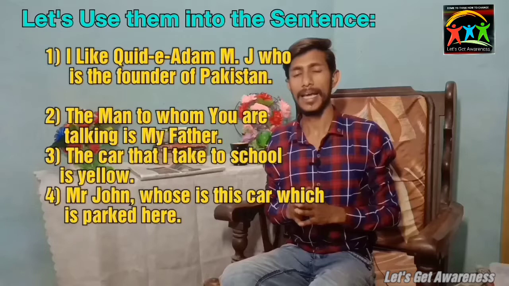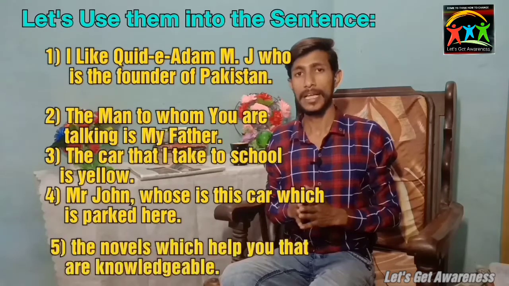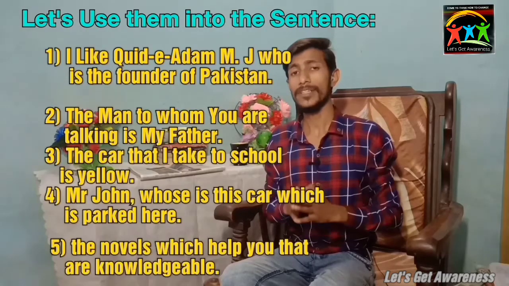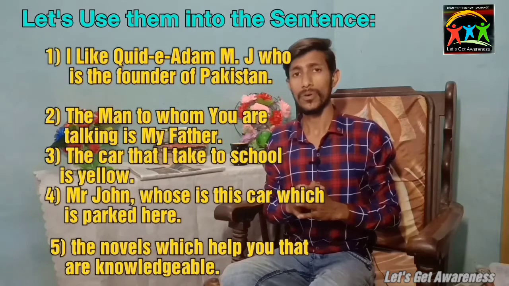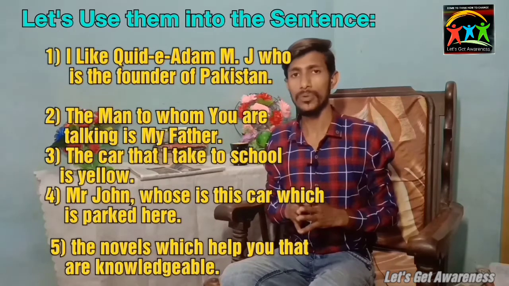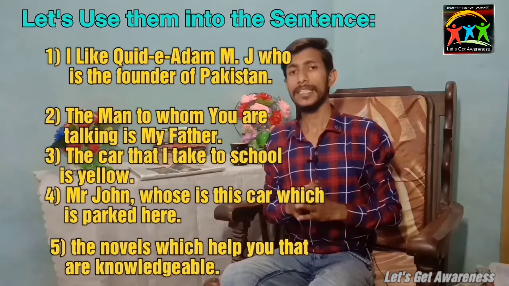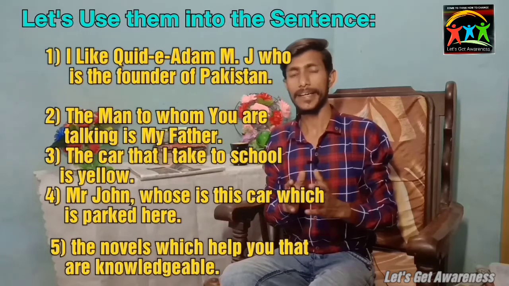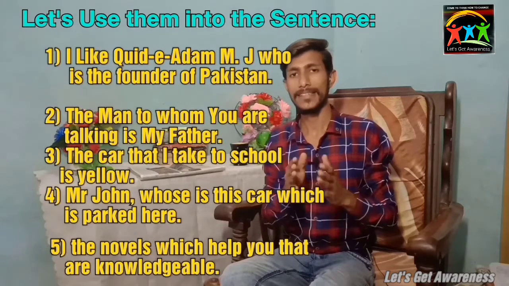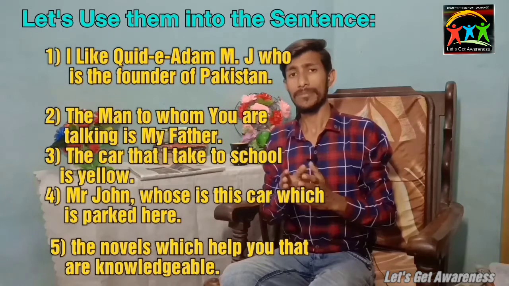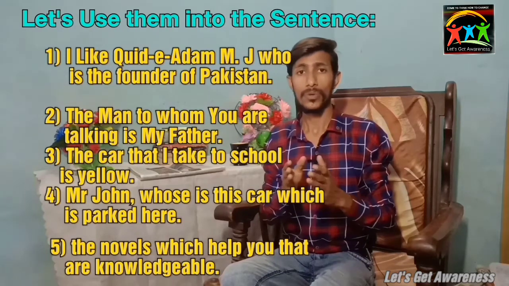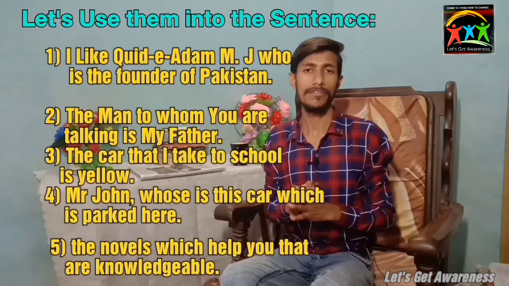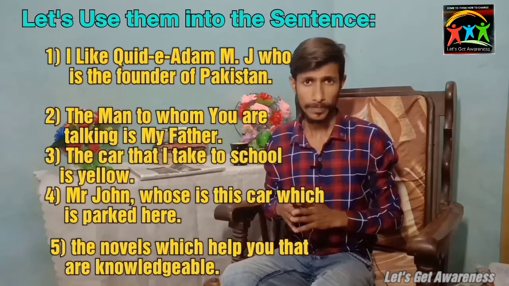The first one, I like Quaid-e-Azam Muhammad Ali Jinnah of Pakistan. The second one, the man to whom you spoke is my father. Third one, the car that I take to school is yellow. Fourth one, Mr. John, who owns this car which is parked here.